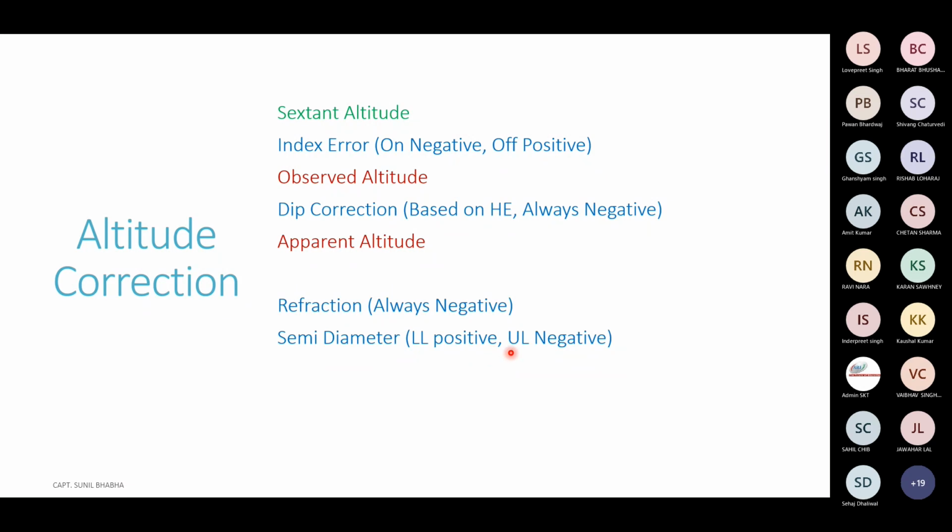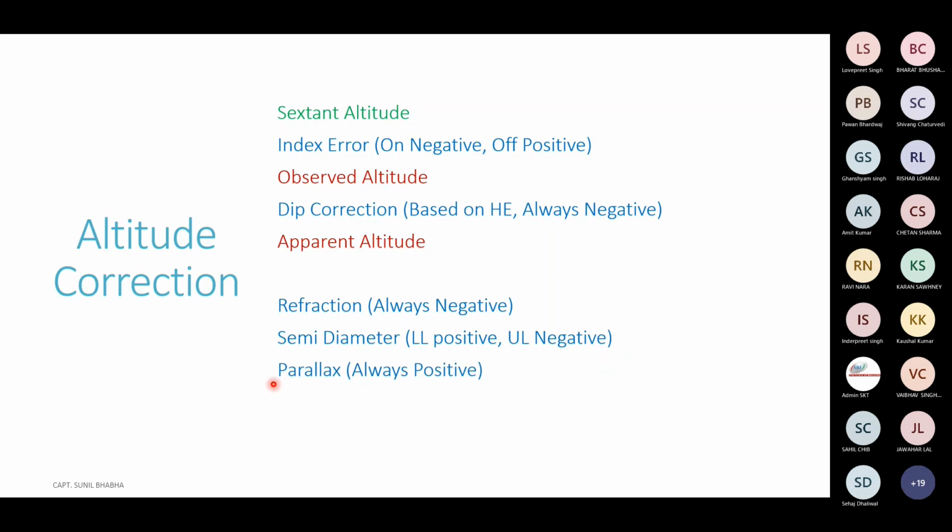And if you take the observation of the upper limb, then this semi-diameter correction will be negative because from the upper limb you need to come down to the center of the body by an amount equal to the radius or the semi-diameter of the disk of the moon or the sun. So this semi-diameter correction is applicable only in the case of sun and the moon. There is no semi-diameter correction in case of stars and planets.